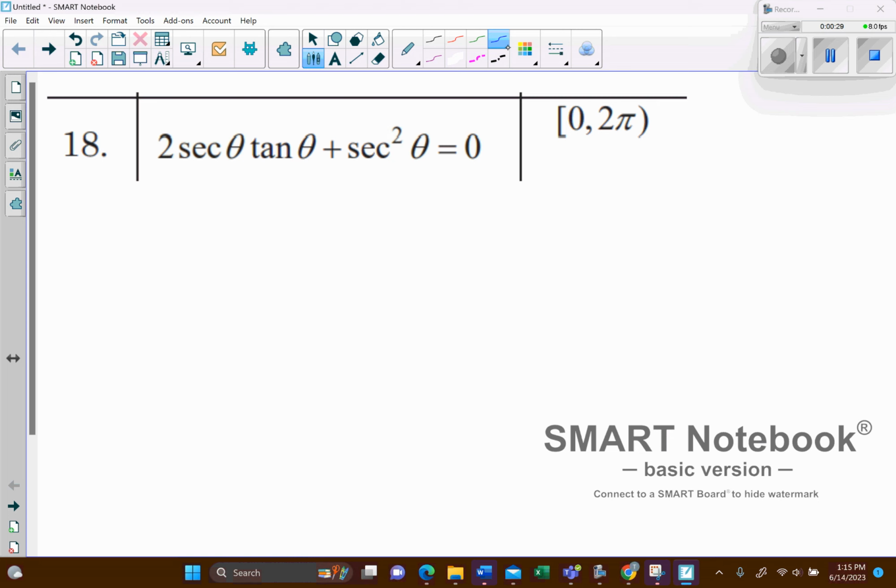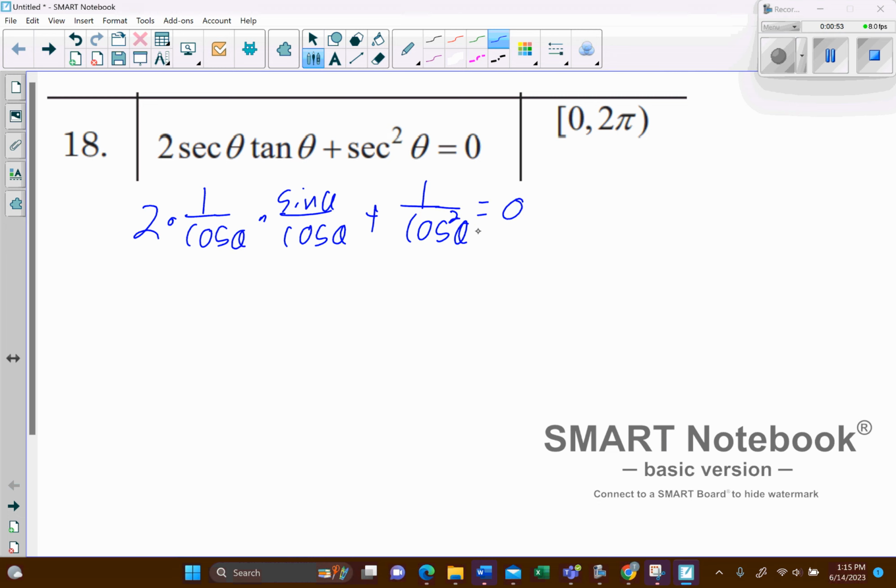I'm going to change this into 2 times 1 over cosine of theta times sine of theta over cosine of theta, plus 1 over cosine of theta squared equals 0.